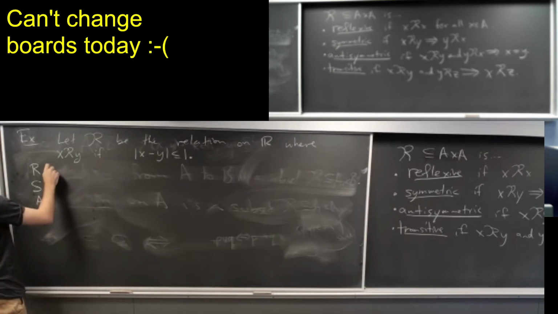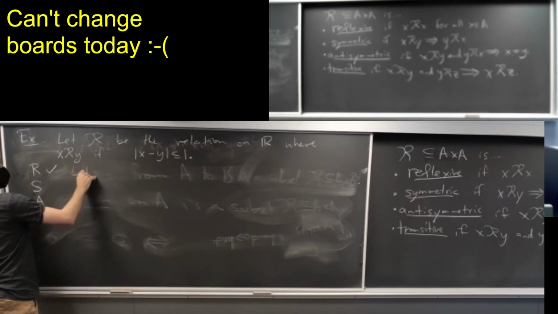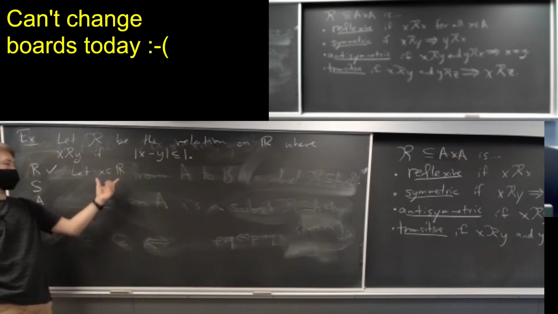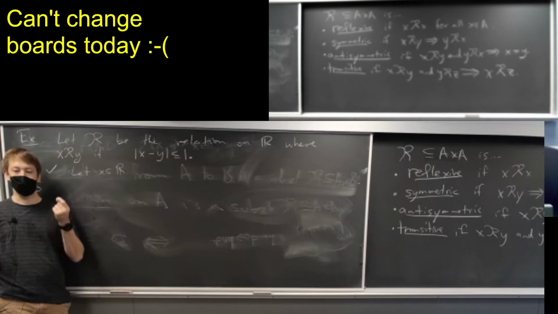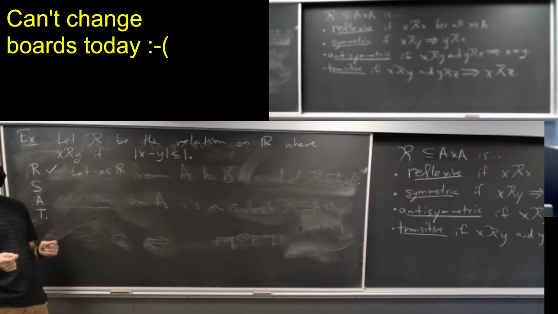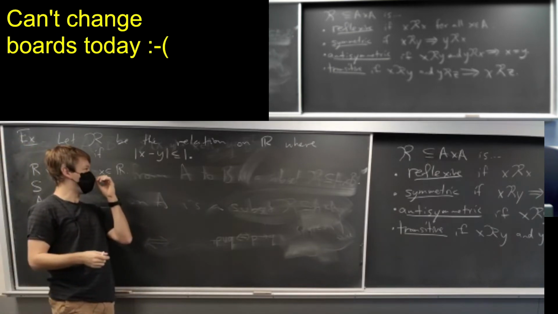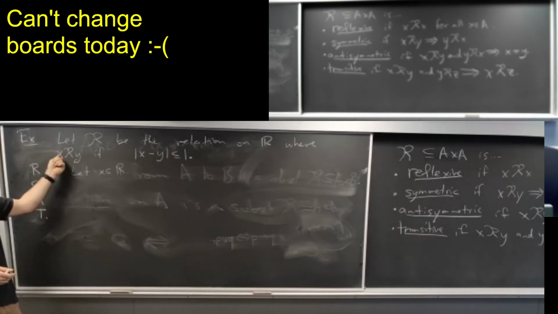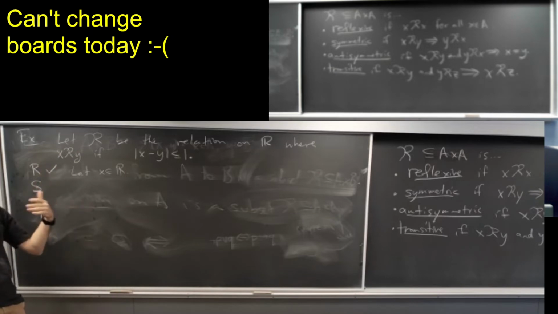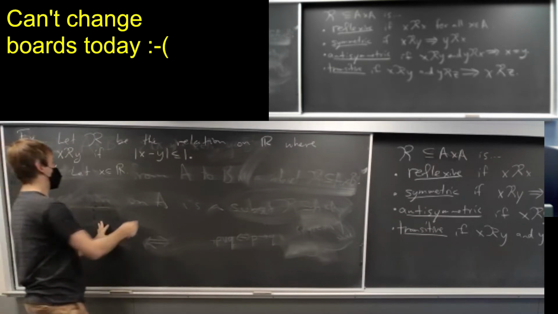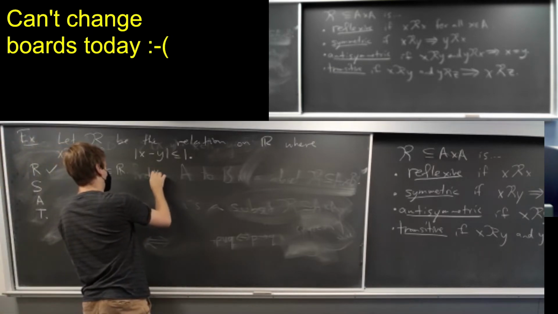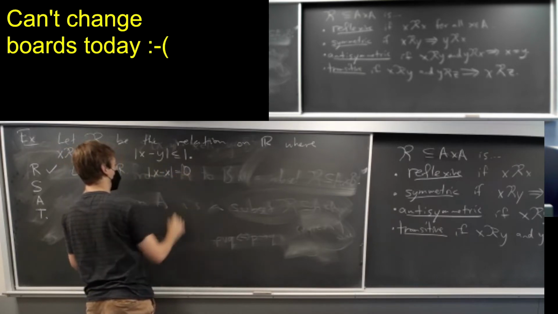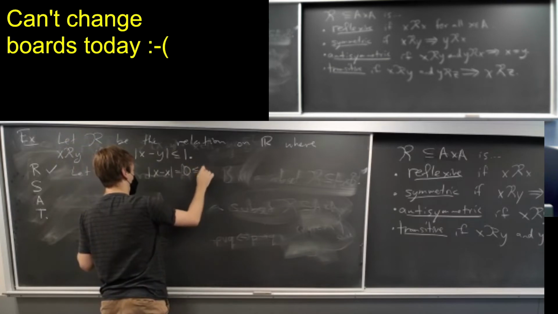Let x be a real number. I want to determine yes or no, is it true that x is related to itself? To determine that, I have to check if x satisfies this condition. If I plug in x for both, x minus x is just 0, which is definitely less than or equal to 1.